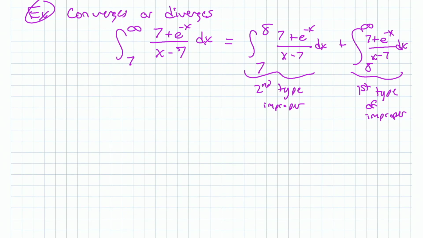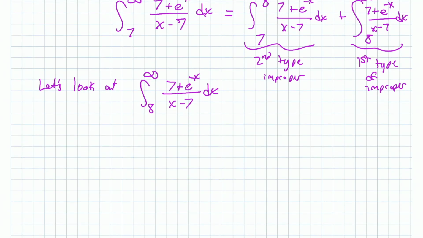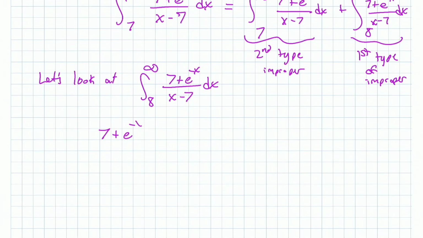Okay, so I'm actually going to look at that second one there. So let's look at the second one, 8 to infinity of (7 plus e to the negative x) over (x minus 7) dx. Okay, so we want to compare this to something. Now, if I do this, have I made it bigger or smaller?